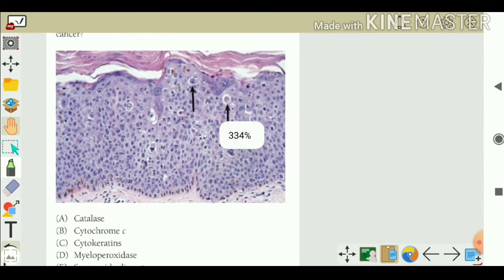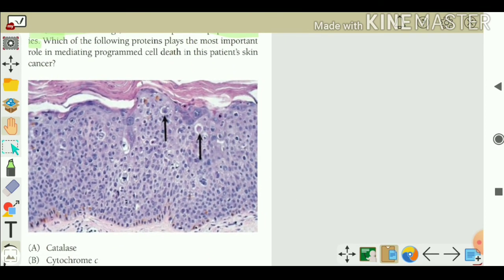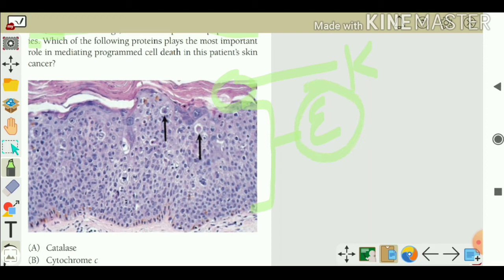If you see this histological image, this is the layer of keratin at the top, and the entire thickness is the epidermis. Here we can see that the cells are highly packed and the keratinocytes have atypically large nuclei.